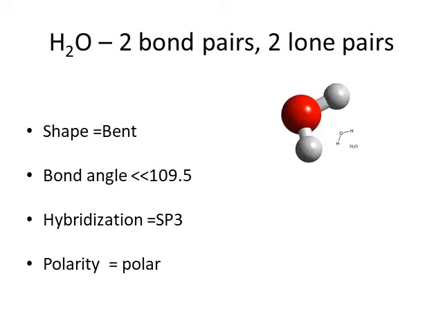What about hybridization? Yes, it becomes sp3 hybridized, as we have 4 groups, 2 bond pairs and 2 lone pairs. This molecule is a polar molecule. Do you know why? Yes, due to the presence of 2 lone pairs of electrons.